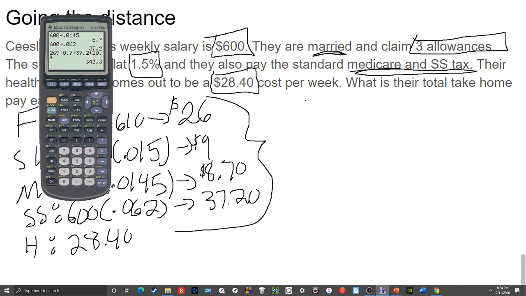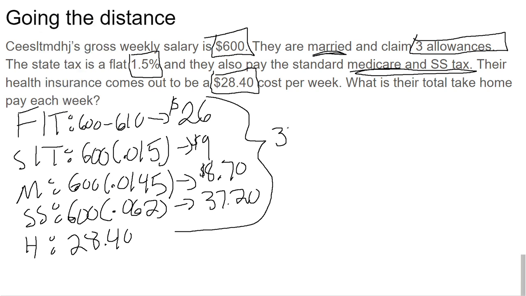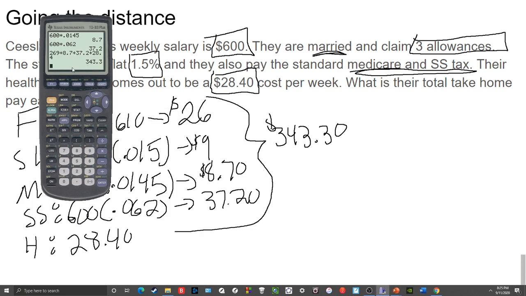We get $343.3 for the weekly deductions. I think I made a mistake there, to be honest. That seems a little high, so let me double check my work. Oh, that's why, I put a 269 there. Whoops, so let's fix that.